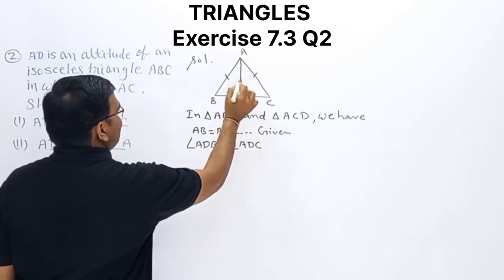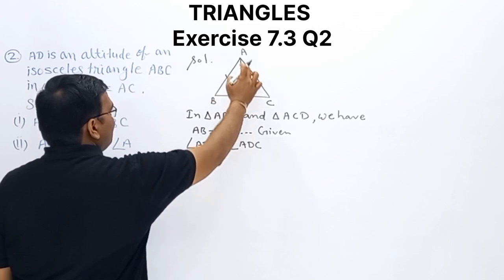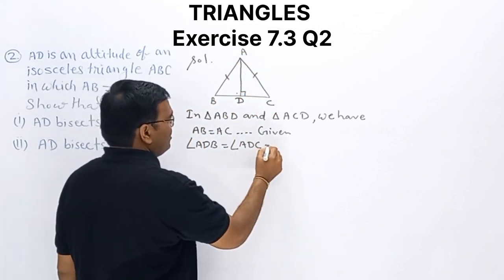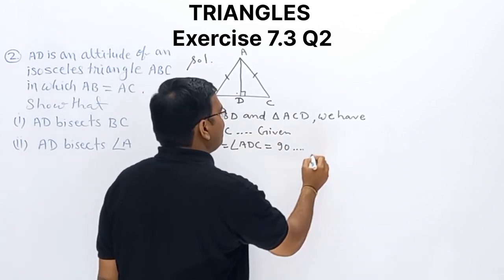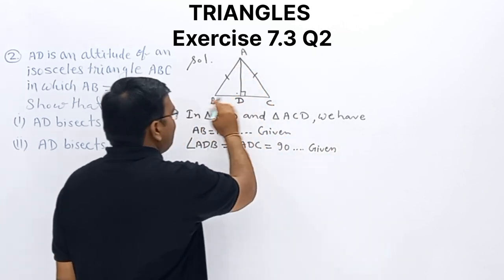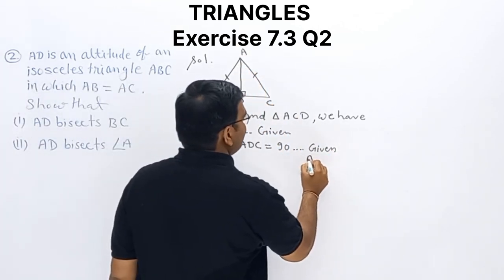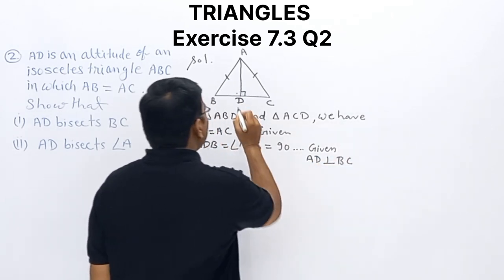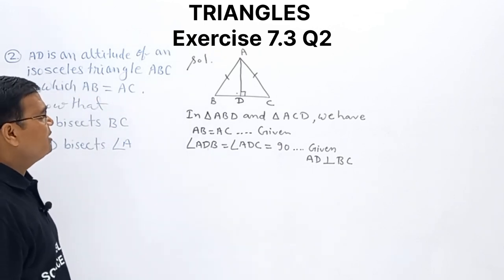This angle and this angle, ADB for this triangle, ADC for this triangle, both will be equal to 90 degree. Why? It is also given in the question, AD is altitude on BC. Given AD is perpendicular on BC, then this angle and this angle will be 90 degree. Two things we obtain.